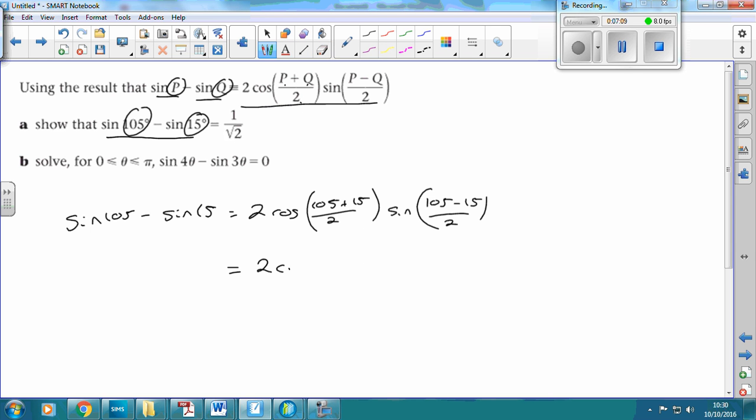It's going to be 2 cos 60. Sine now, 105 take away 15 is going to be 90, divided by 2 is 45.